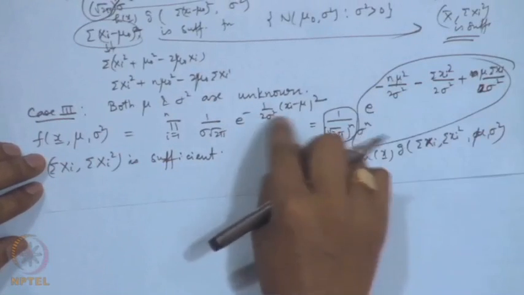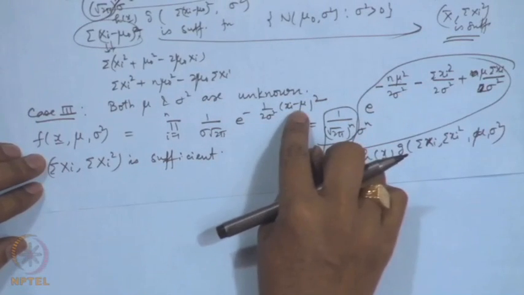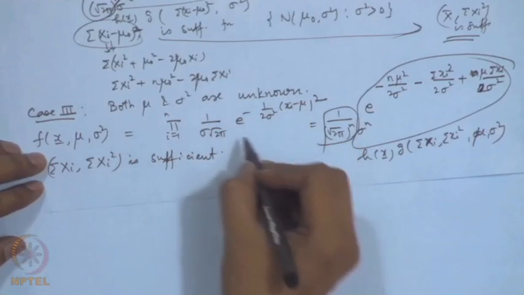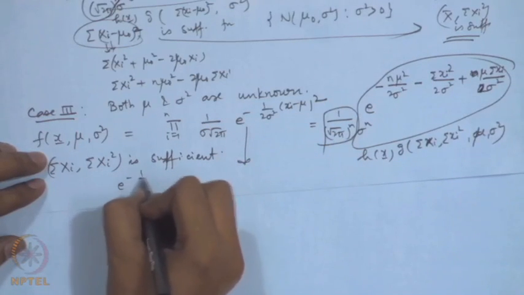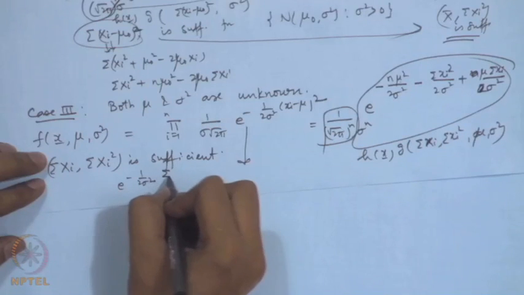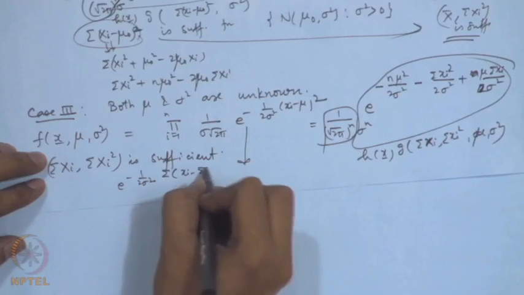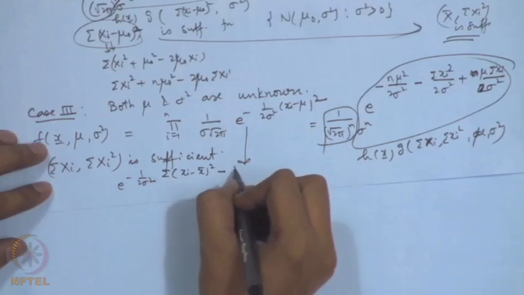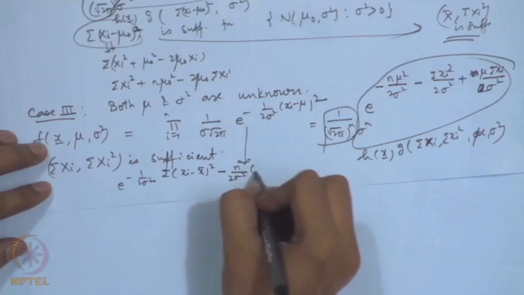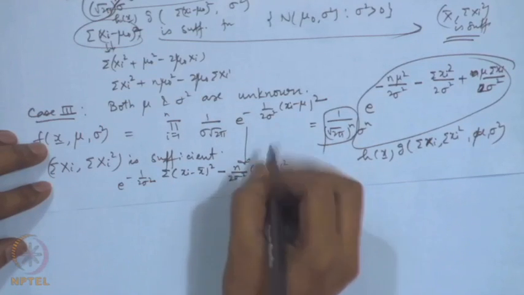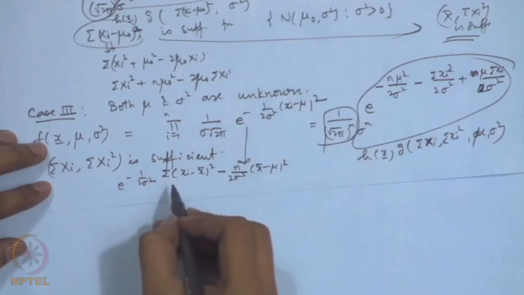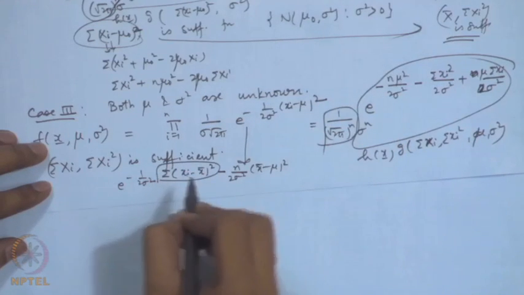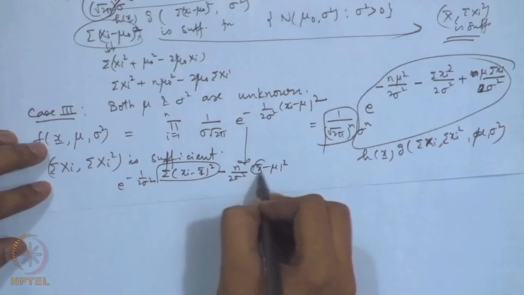However, we can consider it in a slightly different way as follows. We may write this as e to the power minus 1 by twice sigma square sigma (x I minus x bar) whole square minus n by 2 sigma square (x bar minus mu) square. That means, I have added and subtracted the x bar term here. In that case, this is actually sigma (x I minus x bar) whole square, this is x bar.